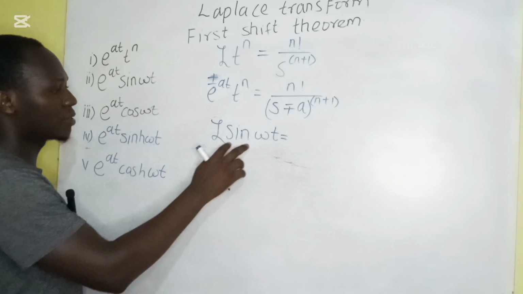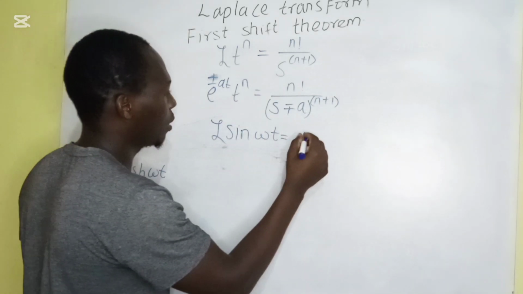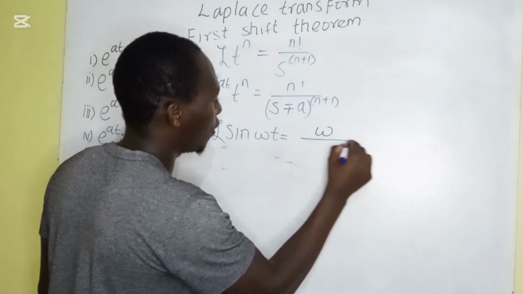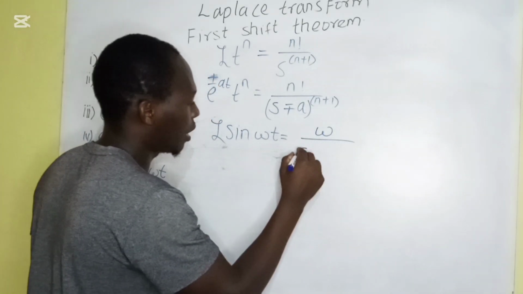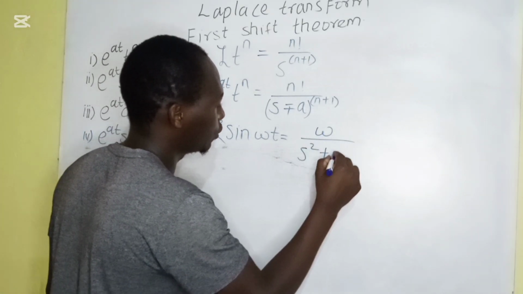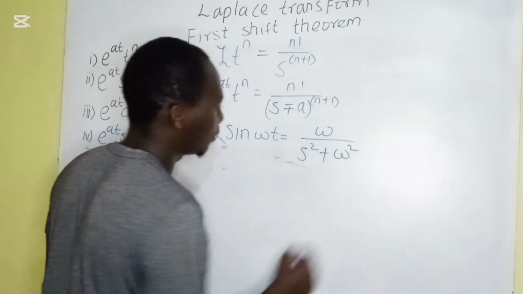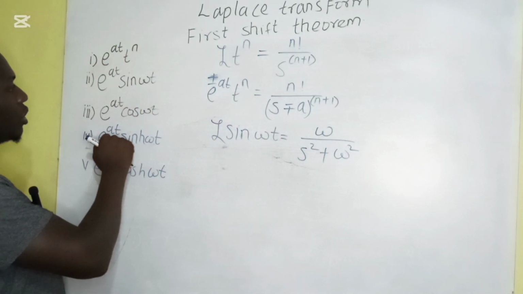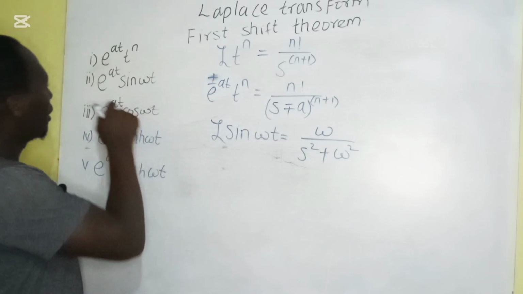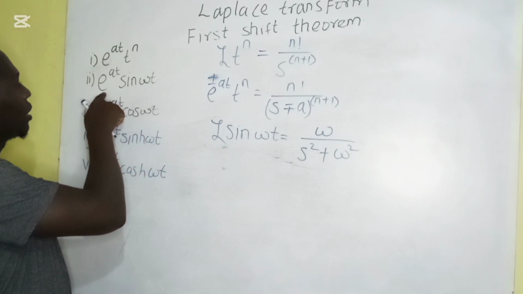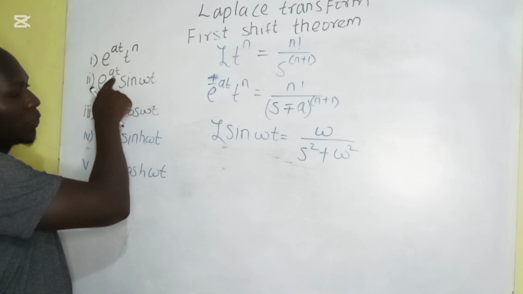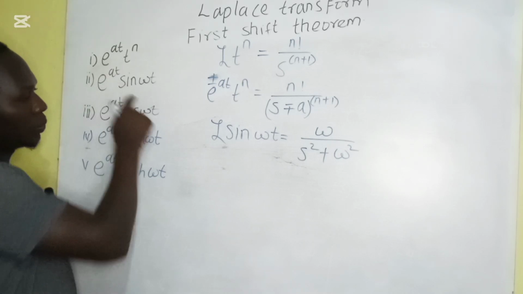And finding the Laplace transform of sine, we are going to have our angle all over s squared plus our angle squared. But since it was a first shift theorem and we are going to shift with respect to our exponential here, we are going to shift the term of s with respect to a.